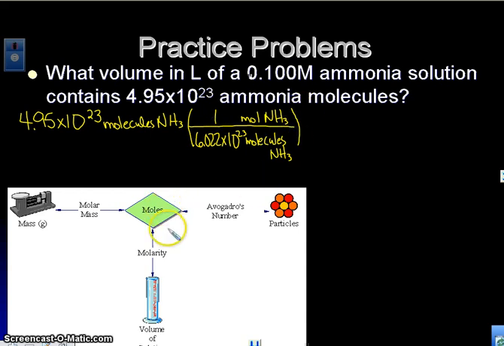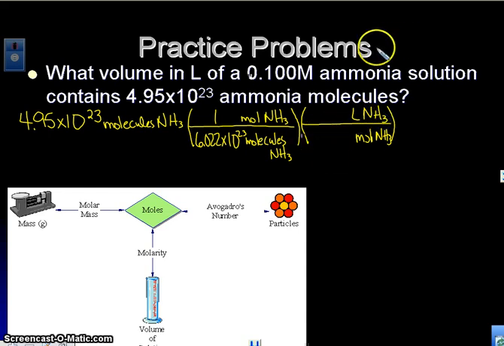So now we have moles, we need to get to volume, and we're going to use molarity as a conversion factor to get there. So let's set up our other conversion factor. Now in order to go from moles to liters, we're going to need to put moles of NH3 on the bottom, and we're going to put liters on the top.